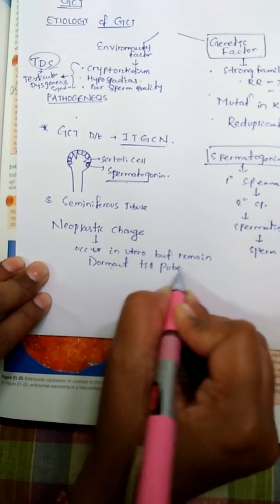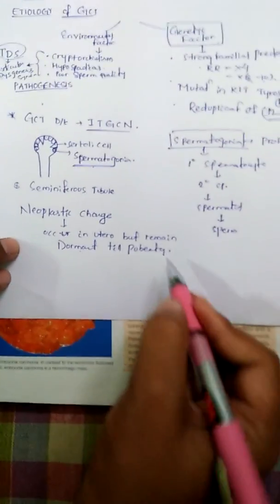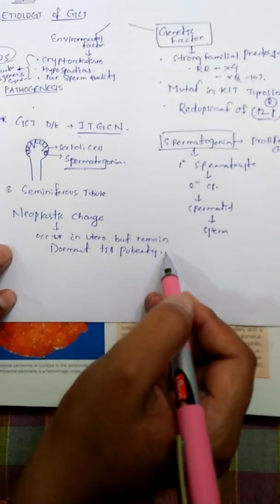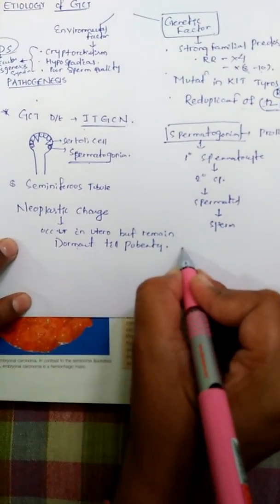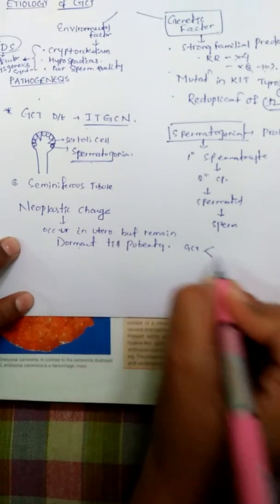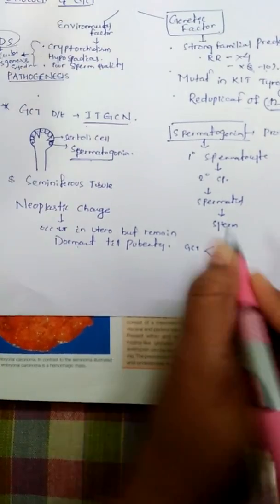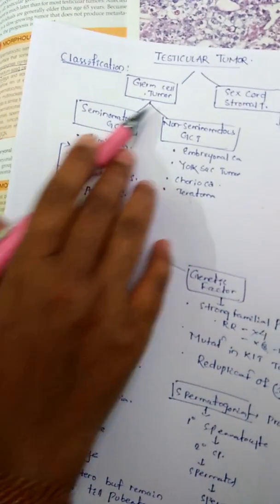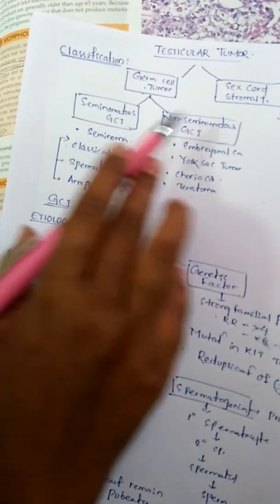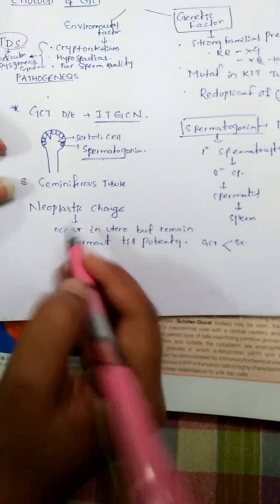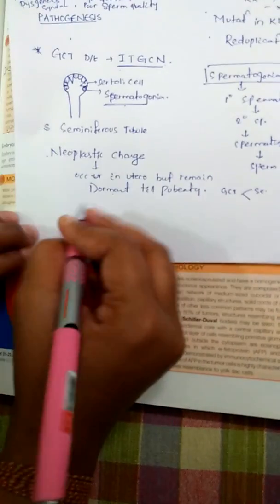Till puberty you will not have any symptom or sign that you have a germ cell tumor within you. After puberty, as I mentioned before, this germ cell tumor can progress into a seminomatous or a non-seminomatous germ cell tumor, but before puberty it will be dormant.